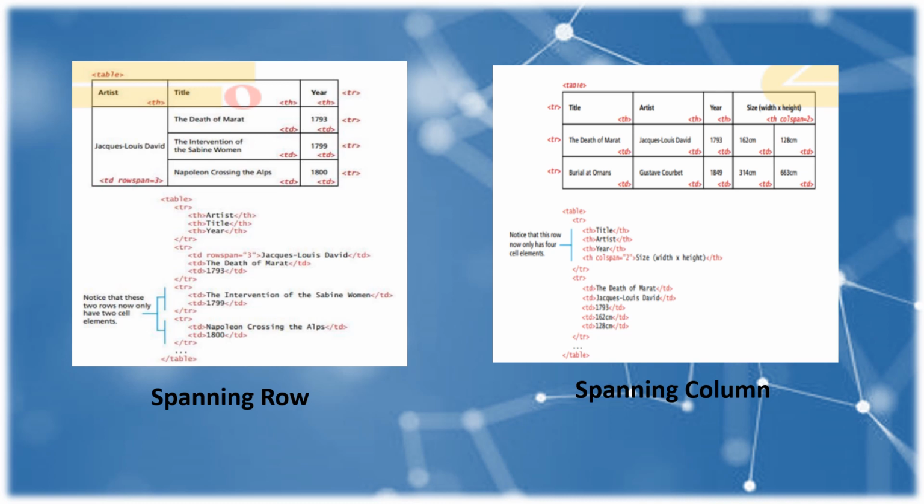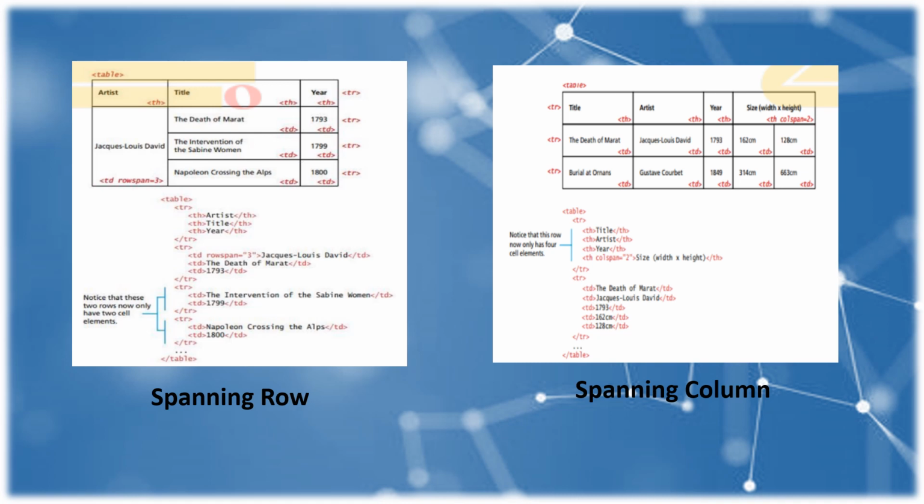We have introduced the table headings, that is the artist, title and the year. In the next tag, we have included the table data cell, that is the rowspan. In that, we have mentioned how many rows we need to put in the heading. That is how we include the spanning row.